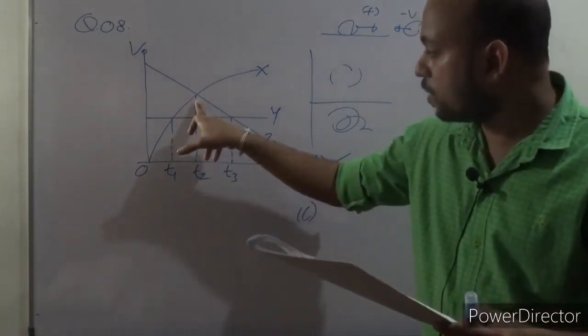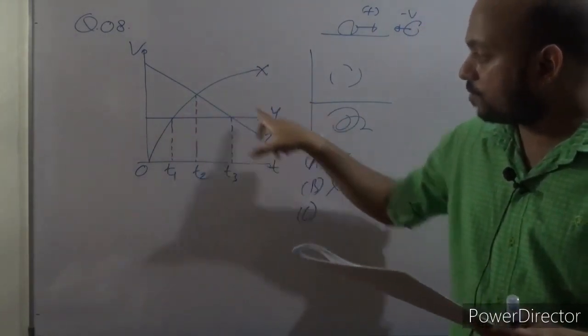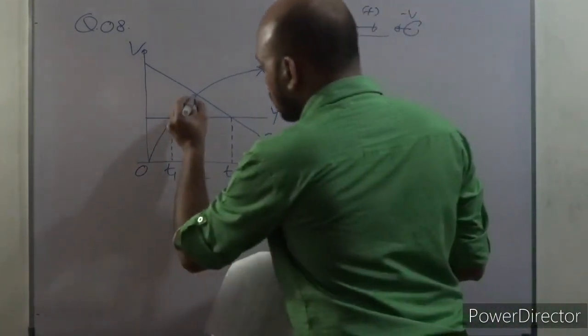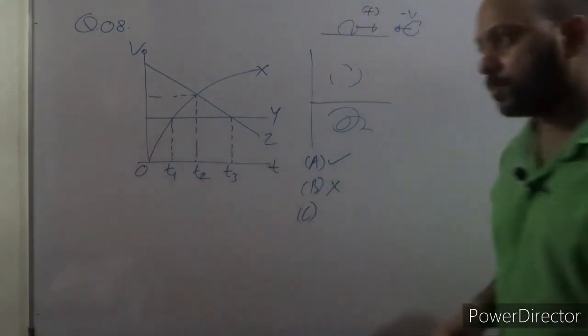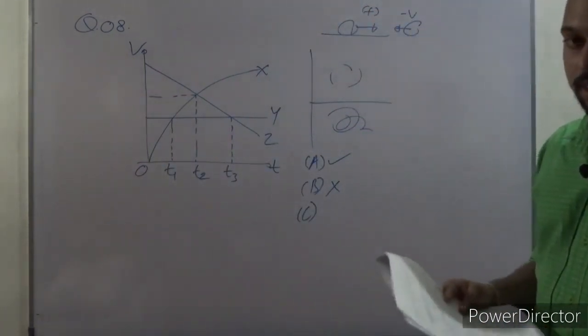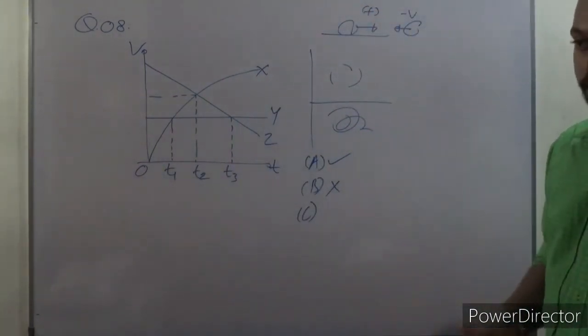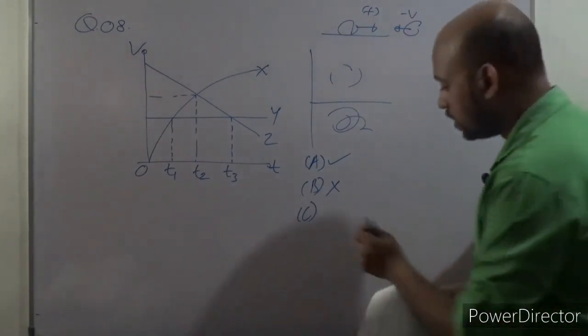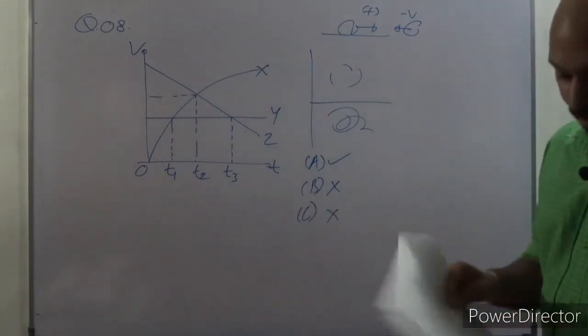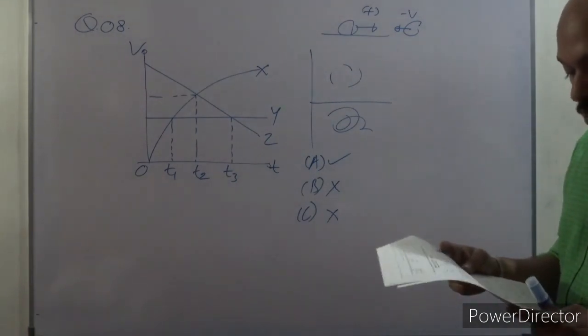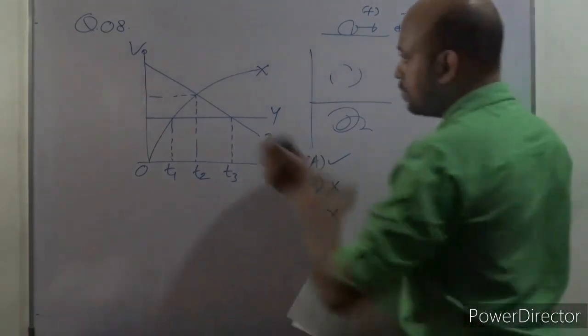What can we say about the velocities of x and z at t2? At that moment the velocities of x and z are equal. We cannot say where the object is, so C is also wrong. So only A is true, so answer 1.